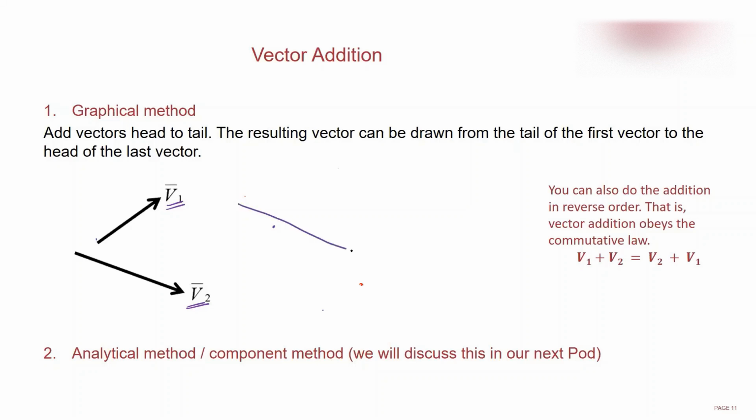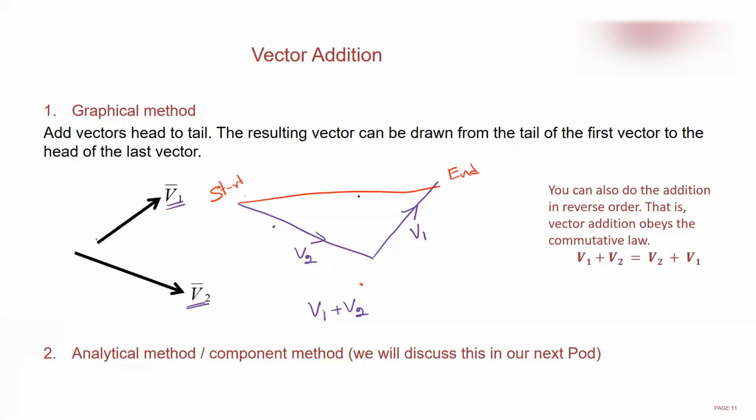I'll start with my V2, and I join my V1 to the head of V2. The resultant, or V1 plus V2, is given by the start to the end. So this is where I started, and this is where I ended.